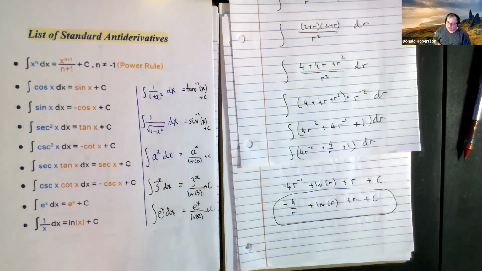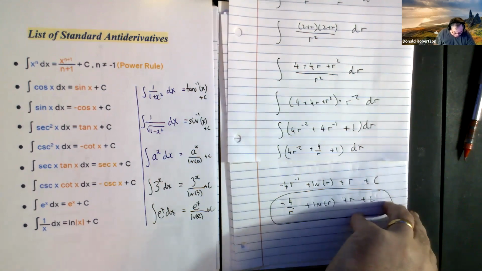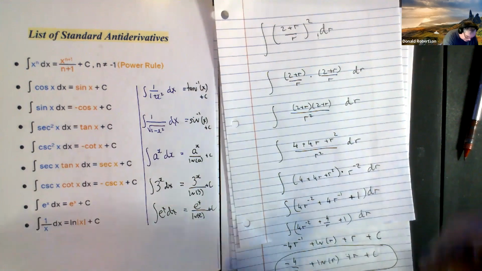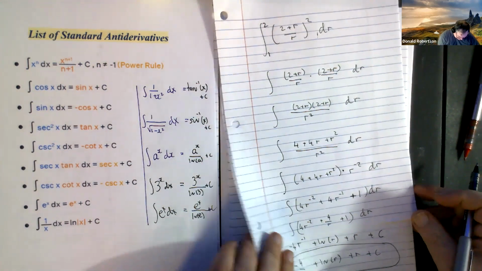Oh, and a second feature. Do you know if this one hadn't been an indefinite integral? But let's just say, for example, that this thing here actually had some numbers on it. It was a definite integral.